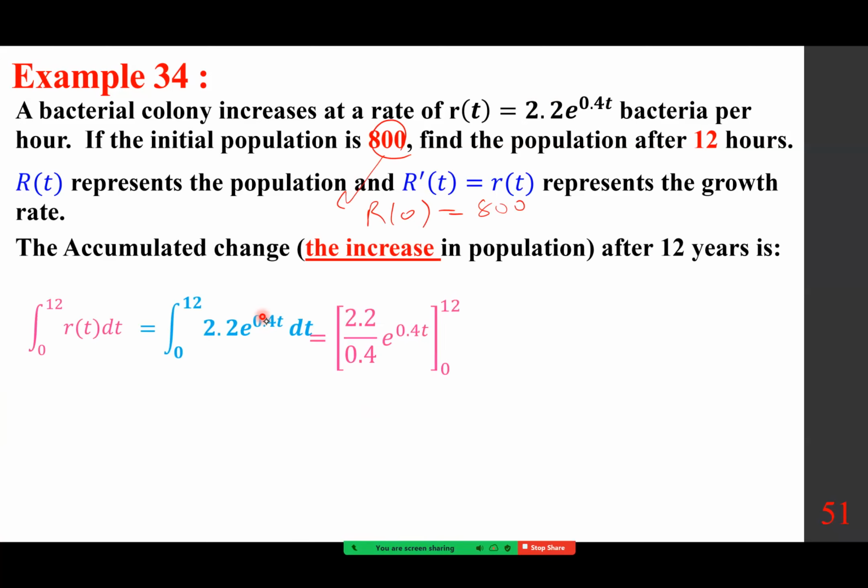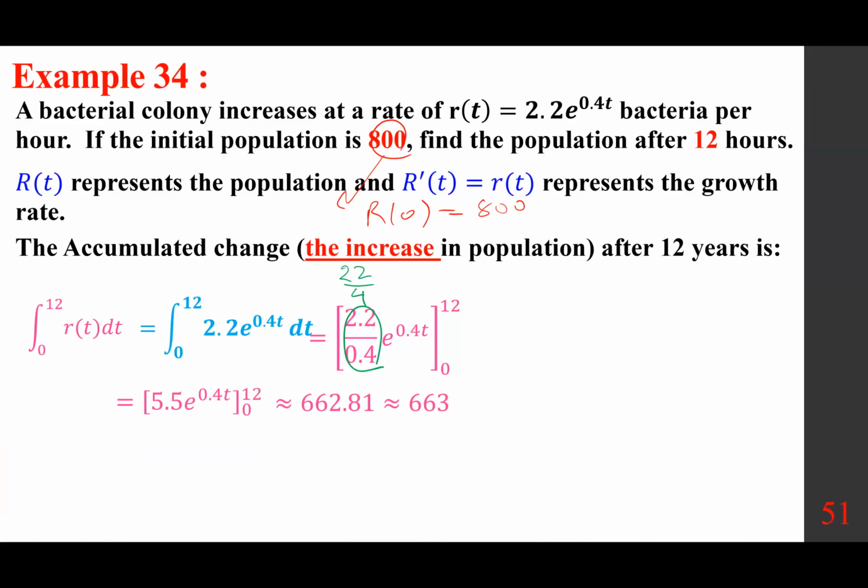We don't need the constant because it will cancel out. The ratio of these two, 2.2 over 0.4, is 22 over 4, or 5.5. At this point, you have to plug in 12 and then plug in 0, subtract them, and we end up with 662.81.